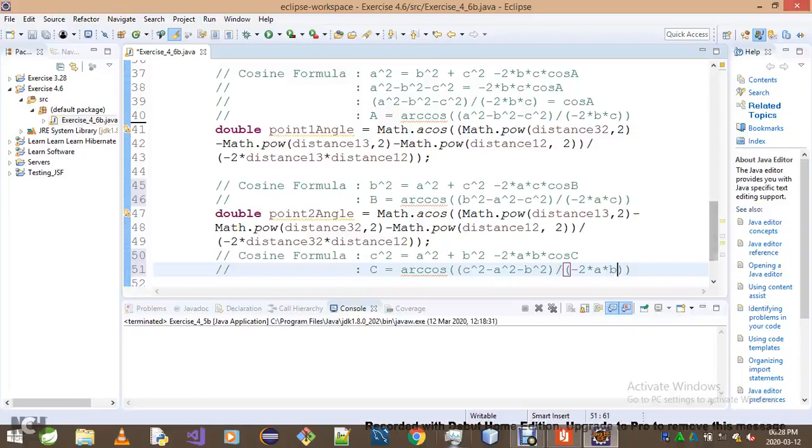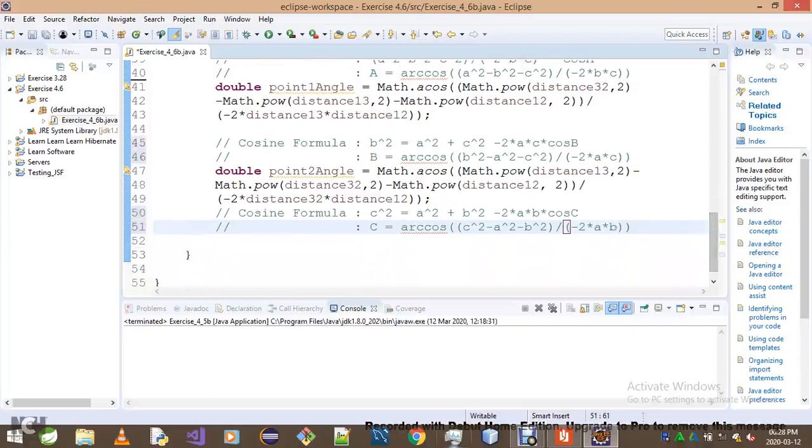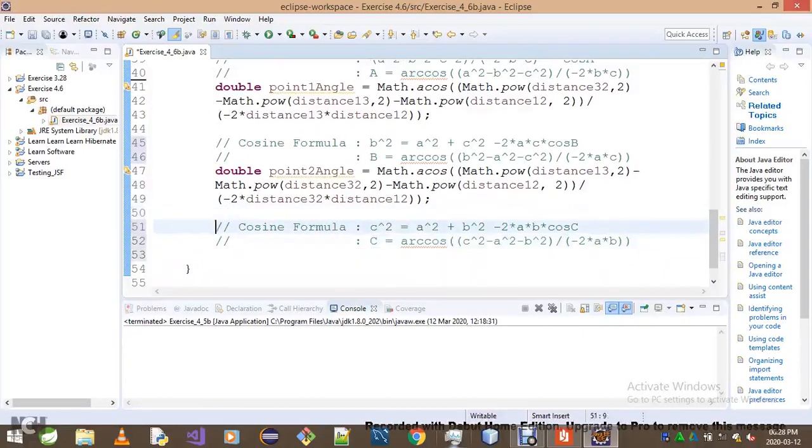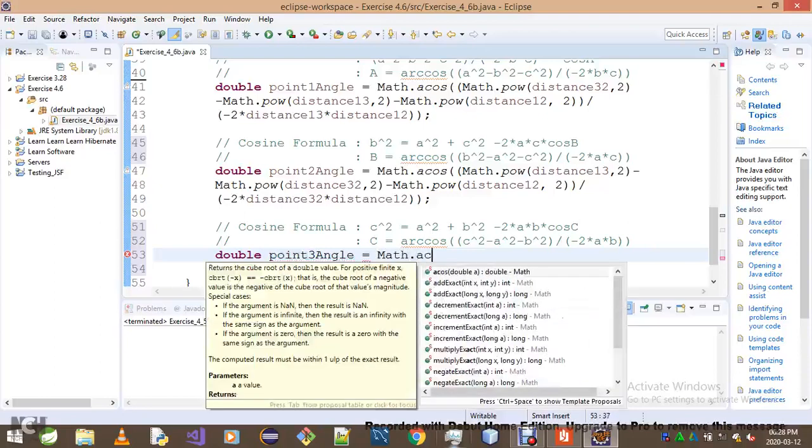Again, I strongly suggest you check out the cosine formula if you don't know what's going on here, because I cannot start teaching mathematics now. So my point 3 angle will be given as math.arccos.